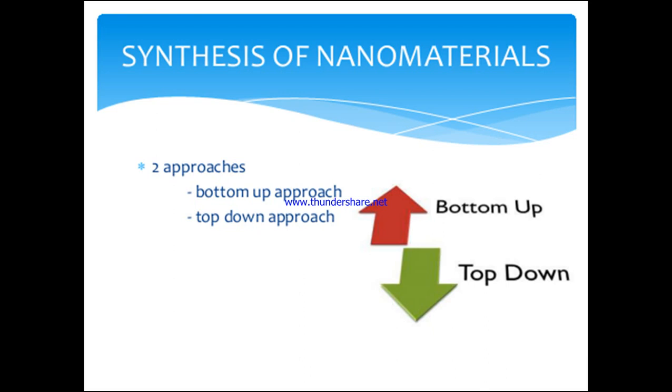So that is what we are having in the bottom-up approach. When we go for the top-down approach, from the macro level, that is from the huge material, we are going to make smaller nanoparticles. That is what we are having. So from the huge material we are going to make smaller particles here.